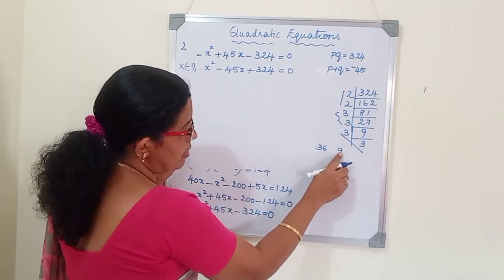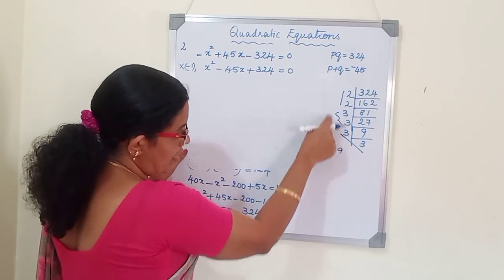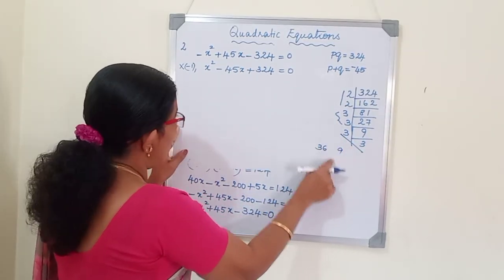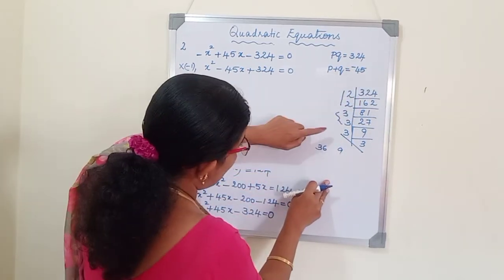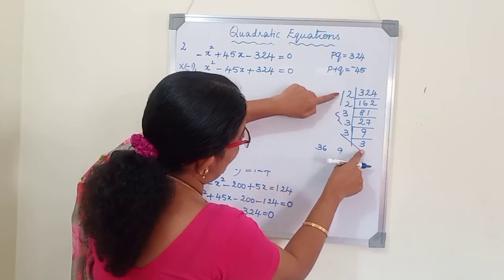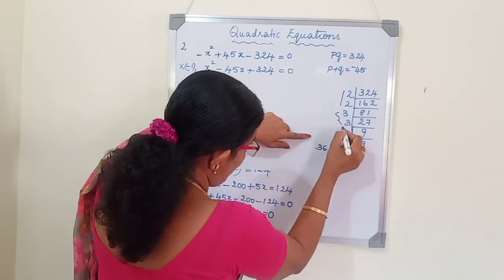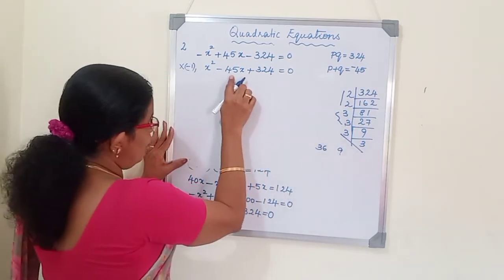When we add 36 and 9, we will get 45. We cannot select directly. We have to select two numbers such that when we add, we get the middle number, that is 45. And these two numbers when we multiply, we get 324. 36 and 9 when we add, we will get 45.